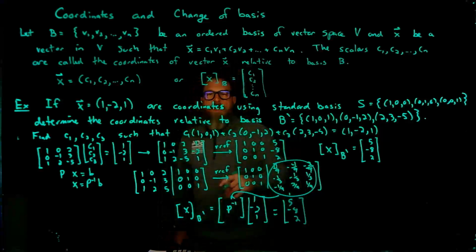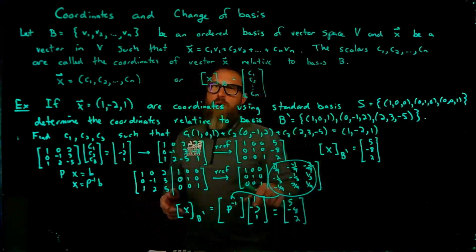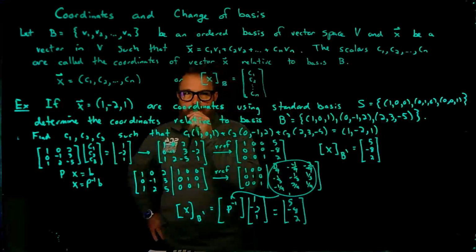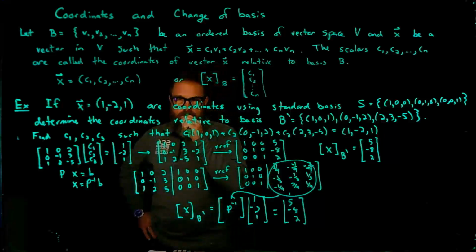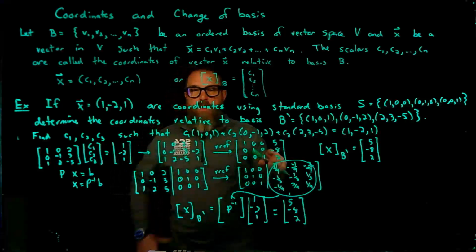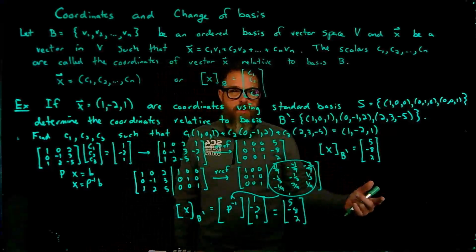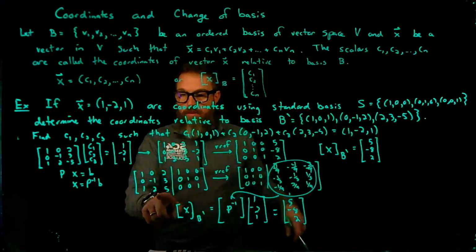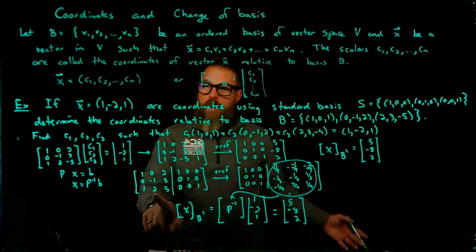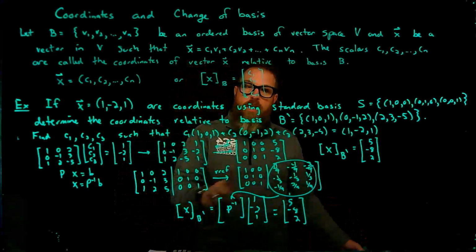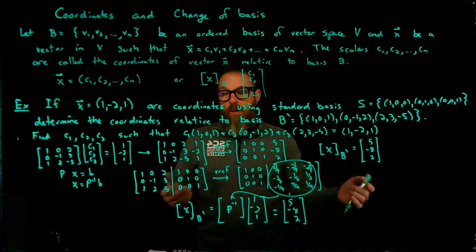Okay, so what I'm trying to get to is how do you go from one basis to another basis through simple matrix multiplication? Well, this is the way we set this up. You put basis B prime over here, you put basis B over here, you row reduce, and then you're going to get what's called a transition matrix.